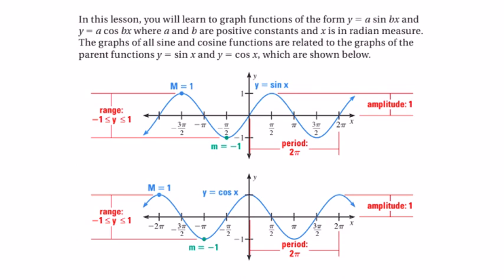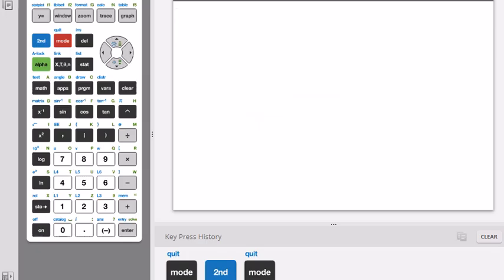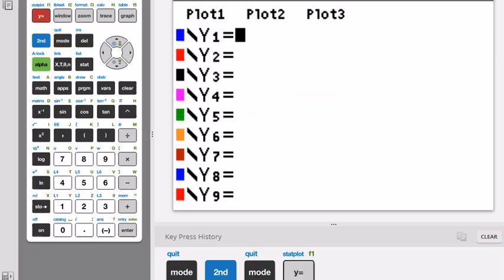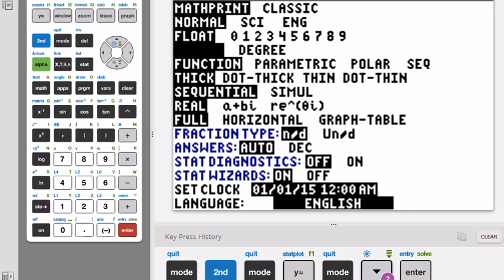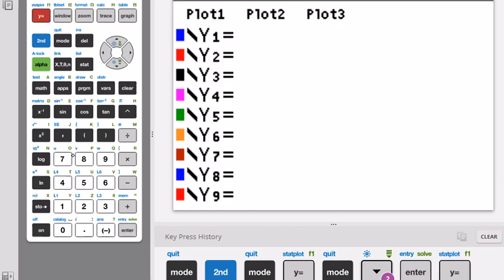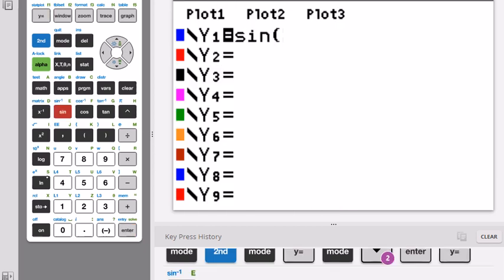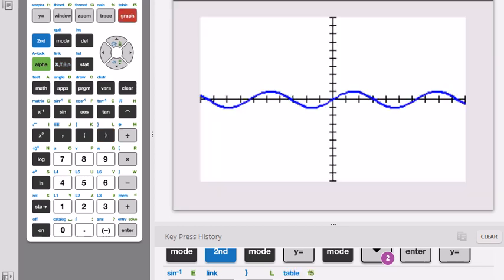So keep in mind, if you were to graph these on a graphing calculator and you go into the y equals, you need to first make sure that you go into the mode, arrow down, and press enter to get it into degrees first. Then I can type in the sine of x, close it out, press graph, and that's what the sine of x looks like.